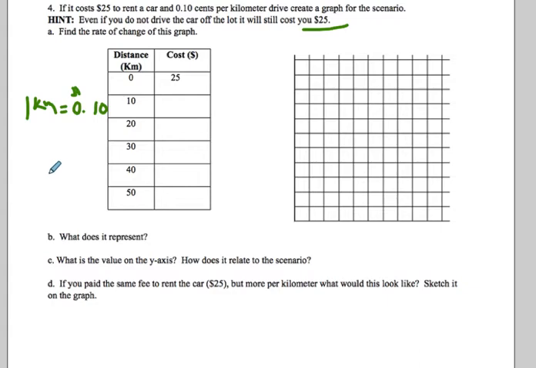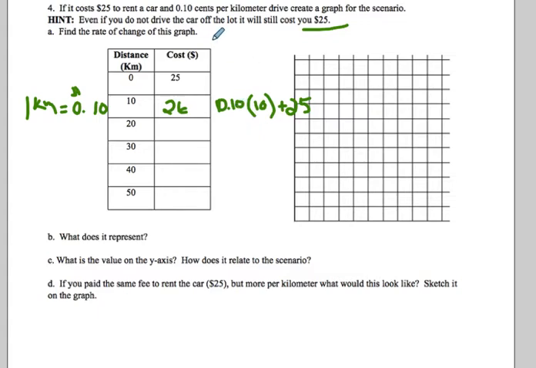And then 10 kilometers would charge you $1. 90 cents plus 10 cents is $1. So going 10 kilometers is going to charge you $1 more than this. So that'd be 26. Mathematically, how I got there was, I'm charged 10 cents per kilometer, and I went 10 kilometers, and then I have to add on my base fee as well of 25 bucks.